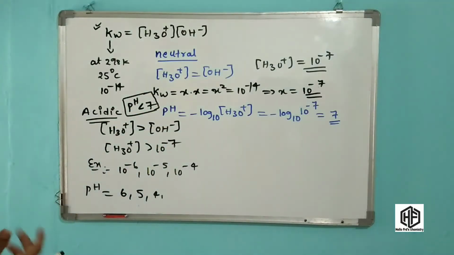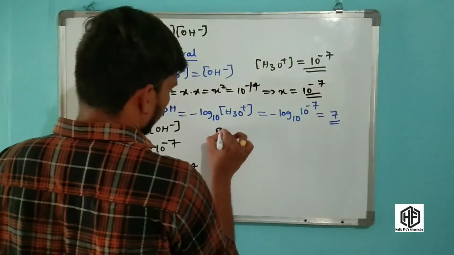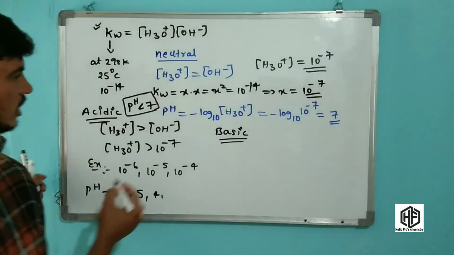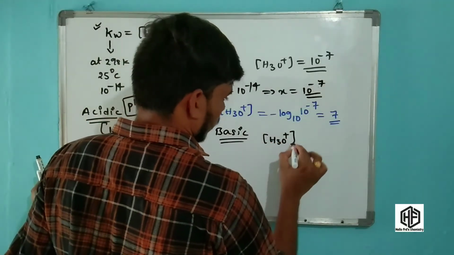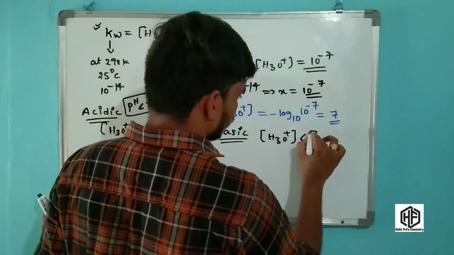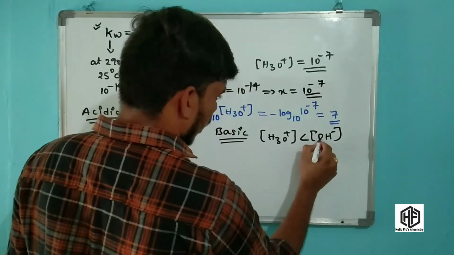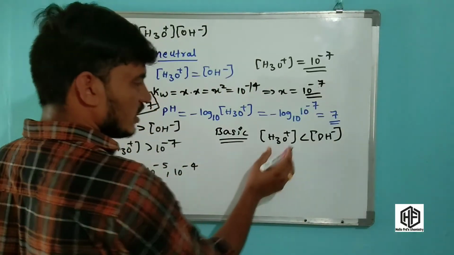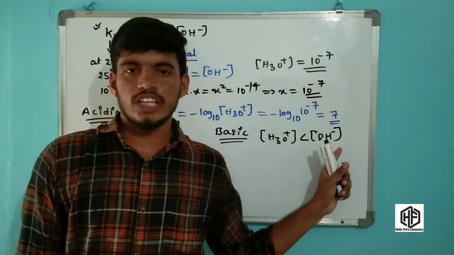This is clear, friends. Now we have to find out about basic solutions. In a basic solution, the concentration of hydronium ion is less than the concentration of OH minus ion.